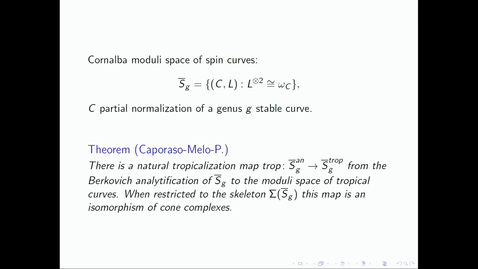This is the same statement proved by Abramovich-Caporaso-Payne, and it tells you that the tropicalization map can be defined, but also that the skeleton of the space is isomorphic to the moduli space of tropical spin curves. So in this case, we got a refinement of the combinatorial data which was enough to recover the skeleton of the space. But it is not clear how to do that in general.